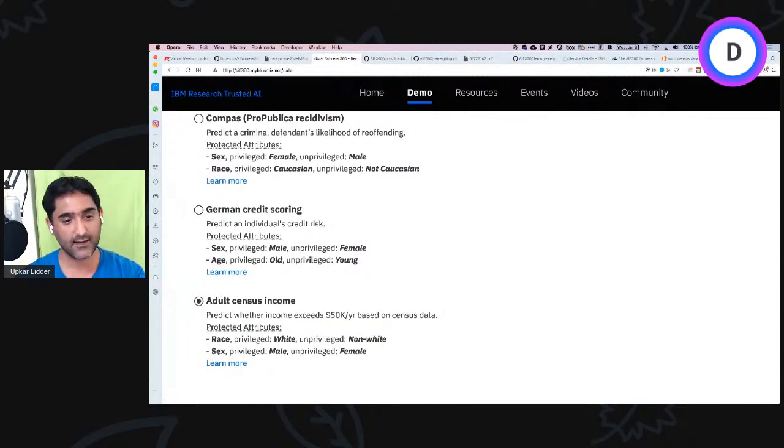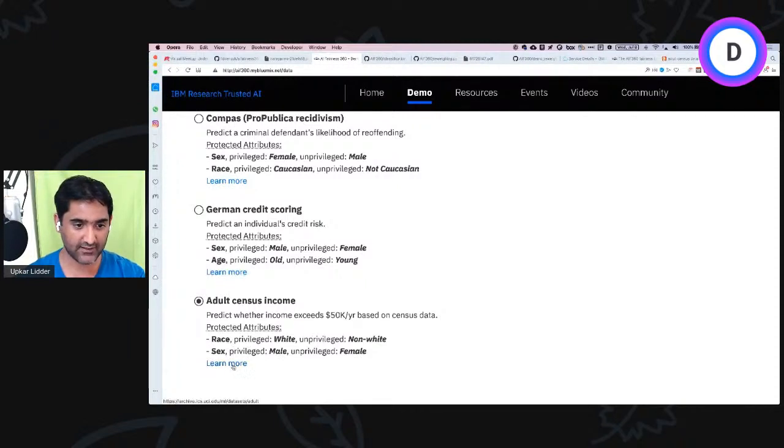And then it's using sex as the second protected attribute, where the privileged value is again male, and the unprivileged class is female. So I guess it's asking if there's a bias against non-white people and women when predicting these salaries.